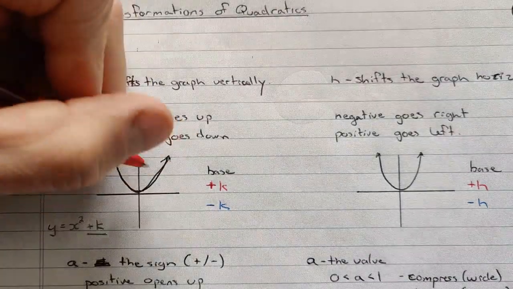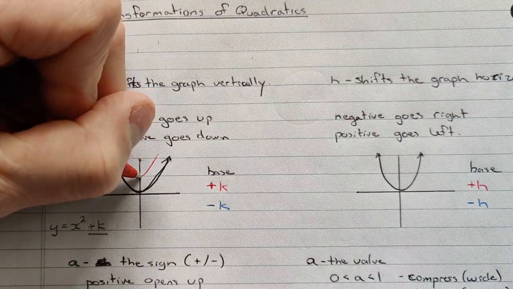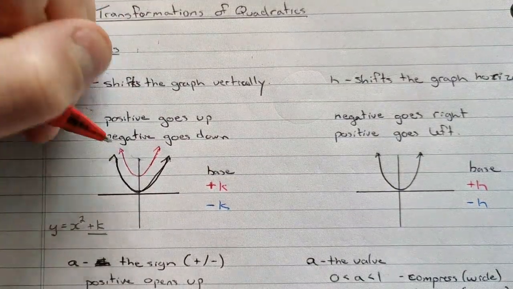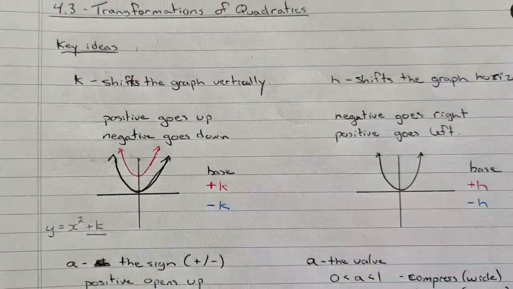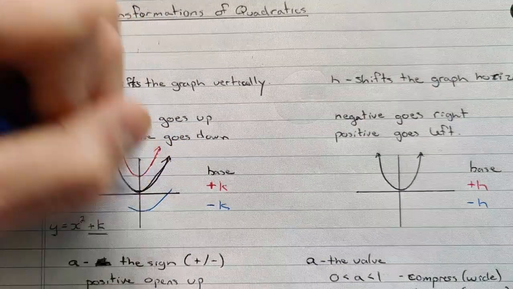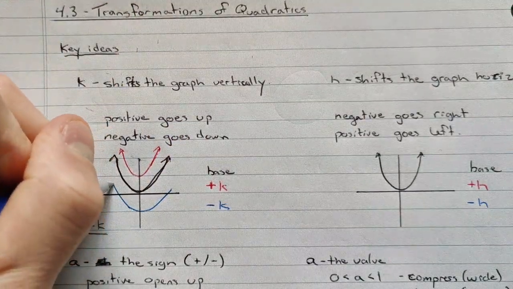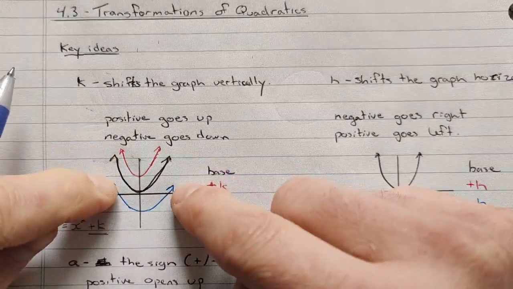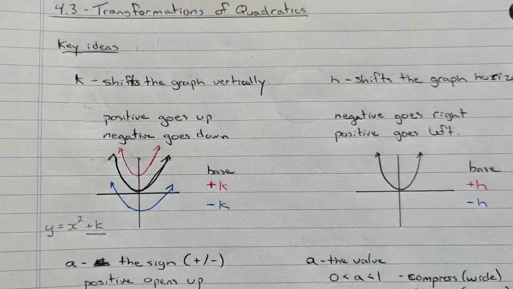A positive K shifts the same graph up, a negative K shifts the same graph down.